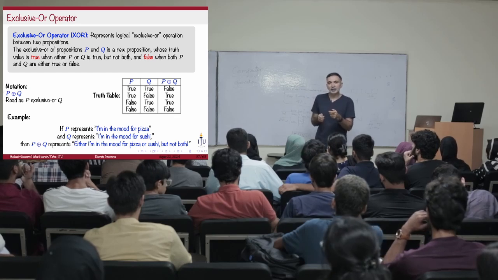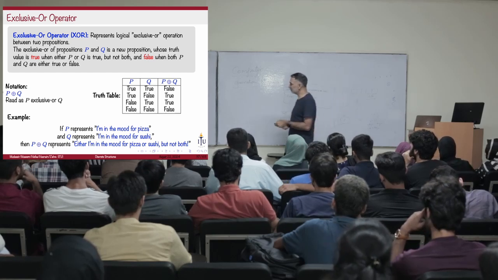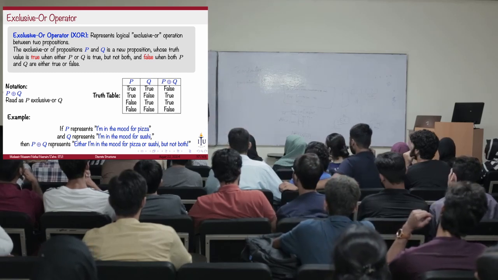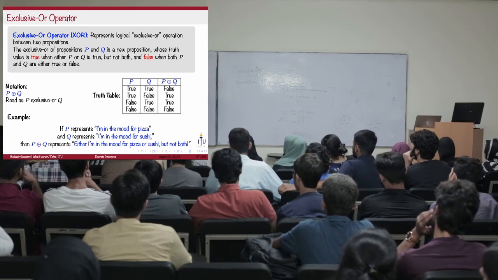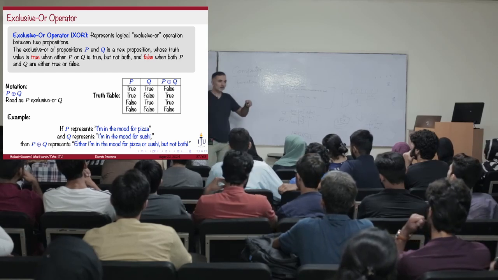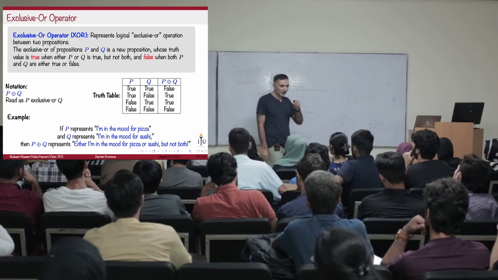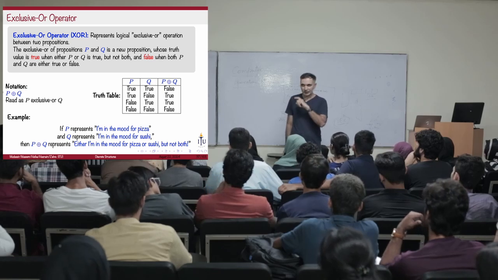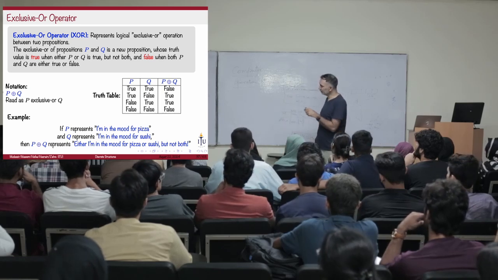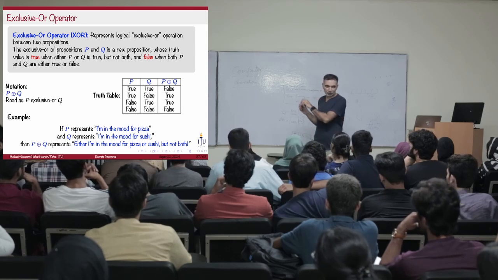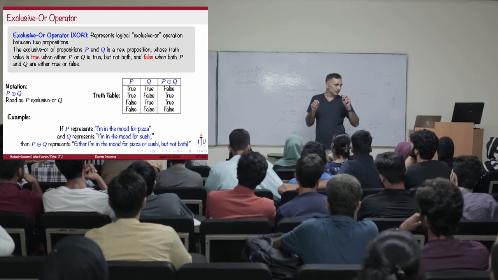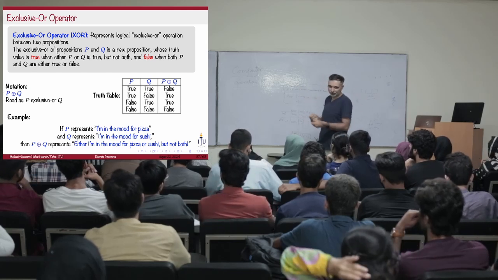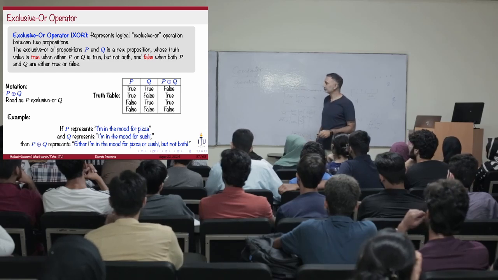If I ask you on an exam to write a statement for this part, I'm in the mood for pizza or sushi, you would write P or Q, but that allows the possibility that both P and Q are true. Are we on the same page? That actually confuses people, because at this point we are diverging from the normal meaning of OR. This OR is different from the OR that we use in normal speech.